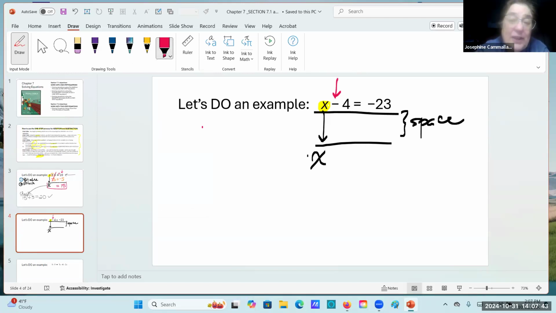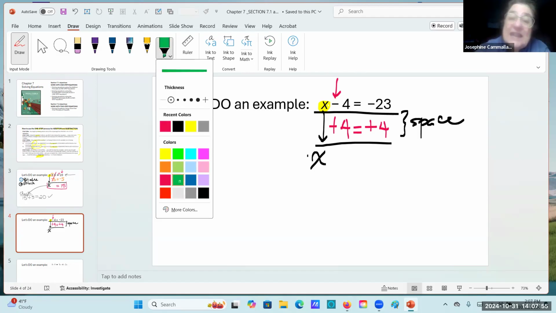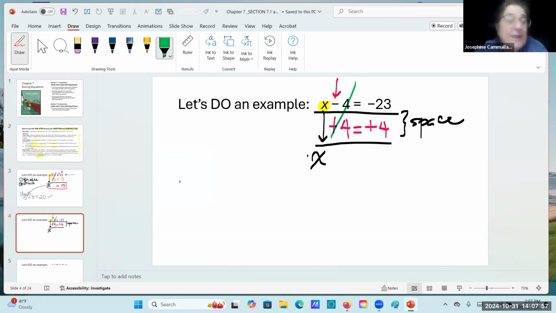This is a negative, so I'm going to add 4 to both sides. As you see, these 4s are going to give me 0. I'm not writing 0 next to my x, but I am going to the other side, and I have a negative 23 and a positive 4, and this will give me a negative 19.